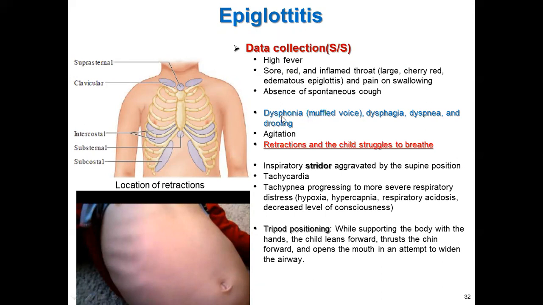Or the patient develops dysphonia, meaning muffled voice, or dysphagia, dyspnea, and drooling.